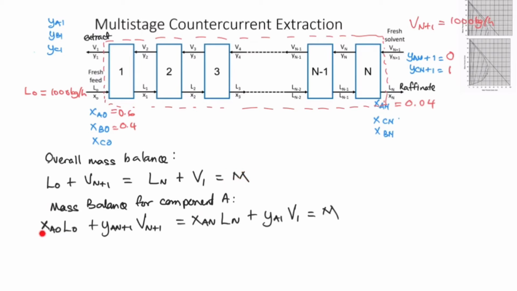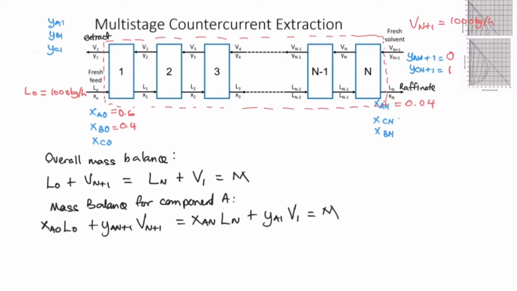The second one is the mass balance for component A, which is XA0 multiplied by the flow rate of the feed, plus YA n plus 1 multiplied by the flow rate of the solvent, and XAN multiplied by the flow rate of the raffinate, plus YA1 multiplied by V1, which is the extract.